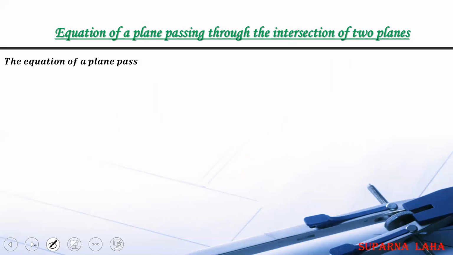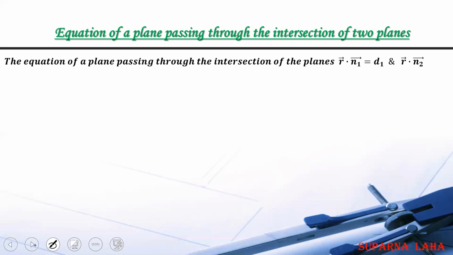So two planes are given. Definitely there are two forms, vector and Cartesian. Let us talk about the vector form first. Two planes are given: vector r dot product with vector n1 equals d1, and another is vector r dot product with vector n2 equals d2.